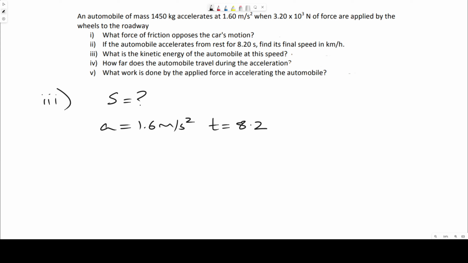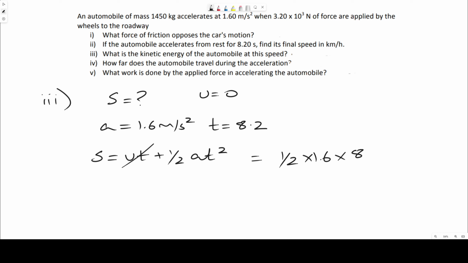So I can use S equal to UT plus half AT squared. U is 0 because that's the initial velocity, so this whole term goes away and I'm left with half times 1.6 times 8.2 squared. Plug that into a calculator and your result will be 53.8 meters. Hope that makes sense as well.